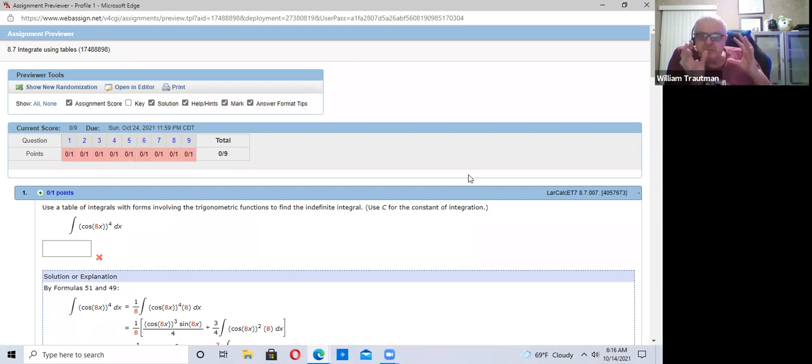The PowerPoint should label itself as 8.7, and the homework is 8.7, but it's the integration using the tables. So whether we call it 8.6 or 8.7, it's still integration using the tables. The only thing that's really messed up was the PowerPoint, because I had it labeled 8.6, but in reality, it should be labeled 8.7.